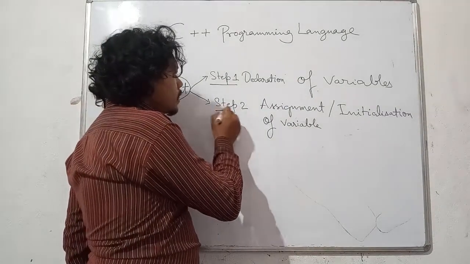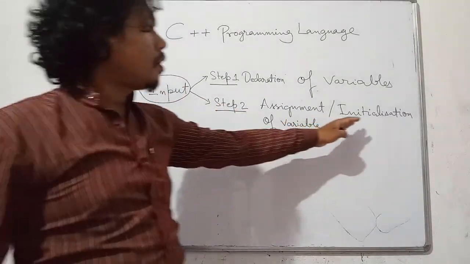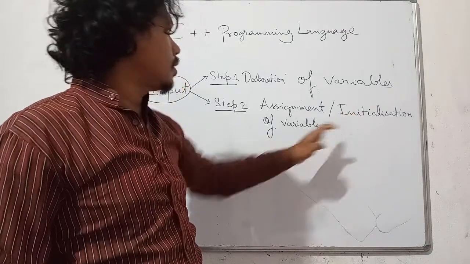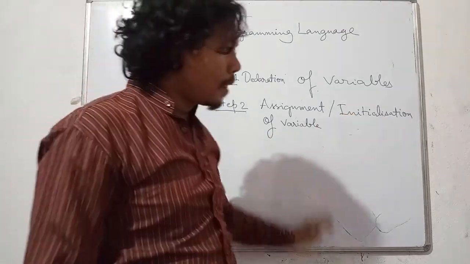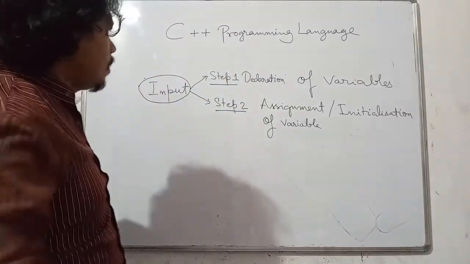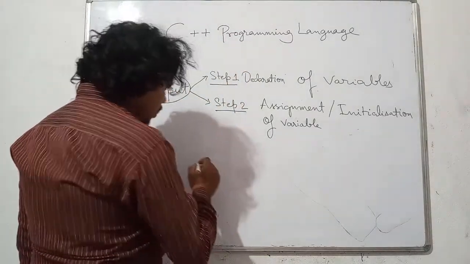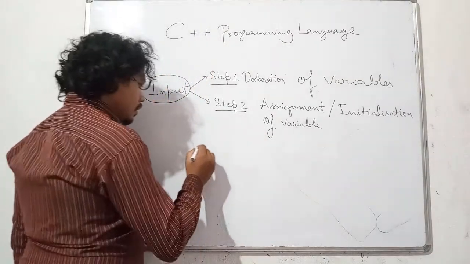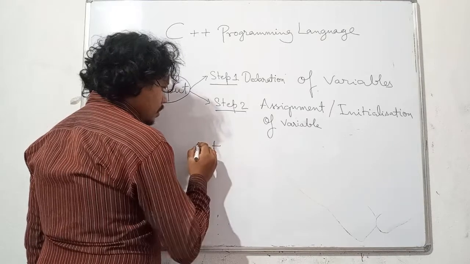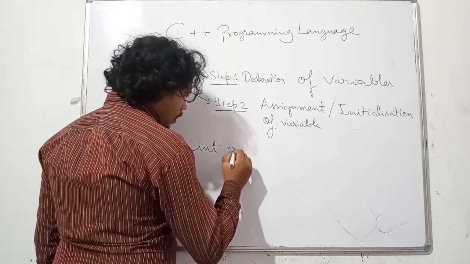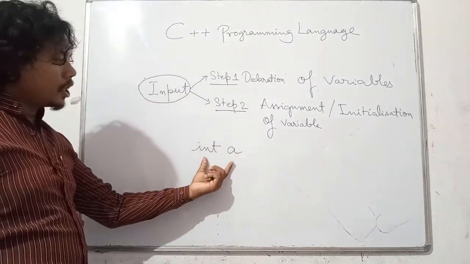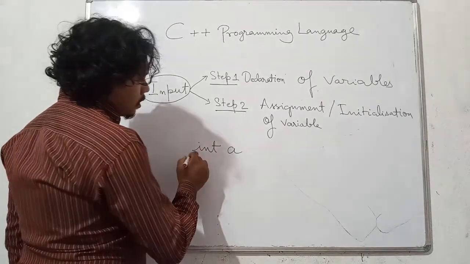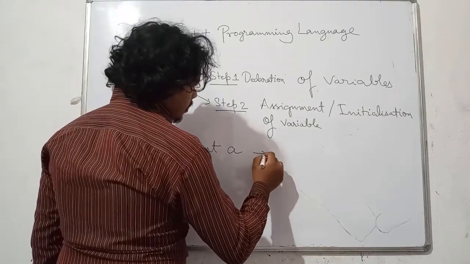Second is assignment or initialization of variables. How does it work? See, we are declaring a variable: int a. This is declaration.